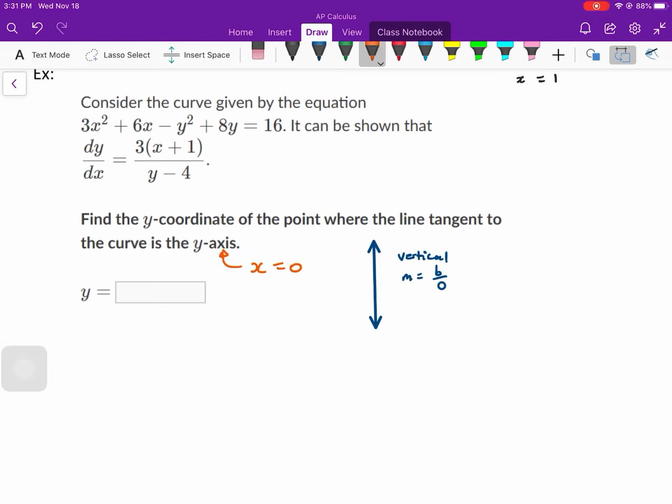So that means we should have a 0 in the denominator. So if we look at the denominator, y minus 4, that needs to equal 0. So y equals 4.